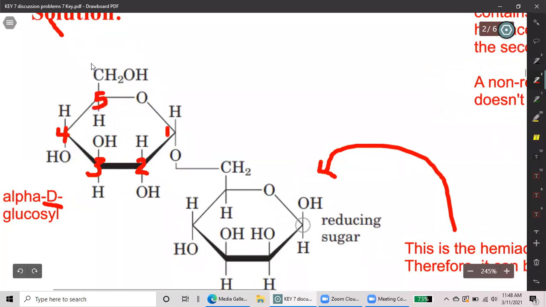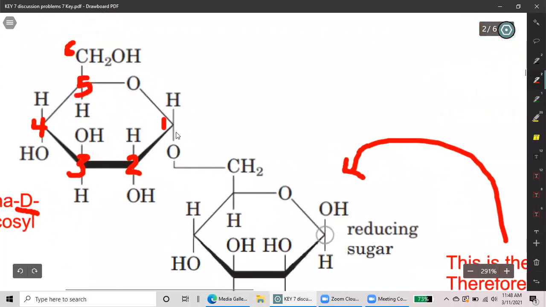this is number 6. So it's important to note that in this ring structure, there's 1 oxygen and there are 5 carbons inside of the ring structure. This 6th carbon is not inside of the ring structure, it is outside. It's very important for you to notice that because it's going to help us understand some definitions down lower on the discussion worksheet.